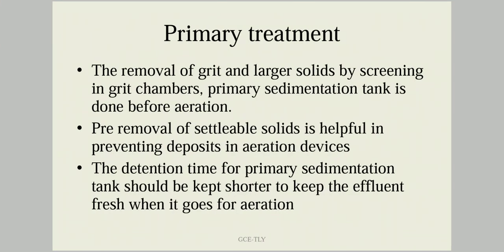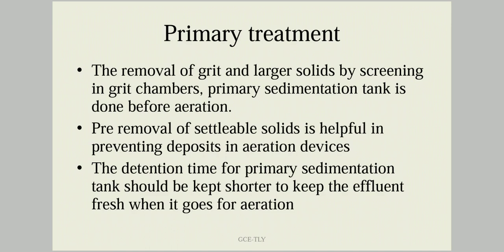In primary treatment, we remove the grit as we saw in the flow diagram. First screening is done and then removal of grit. Larger solids are removed by screening, and smaller solids are somewhat removed by the grit chamber. Then the suspended impurities are removed by the sedimentation tank.